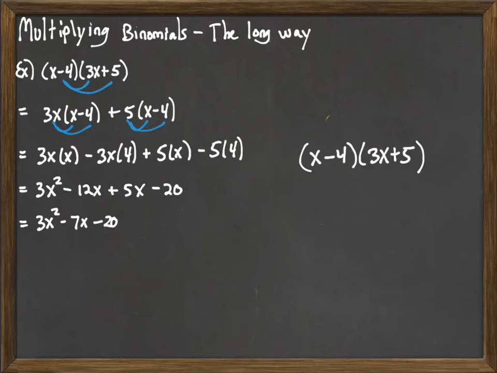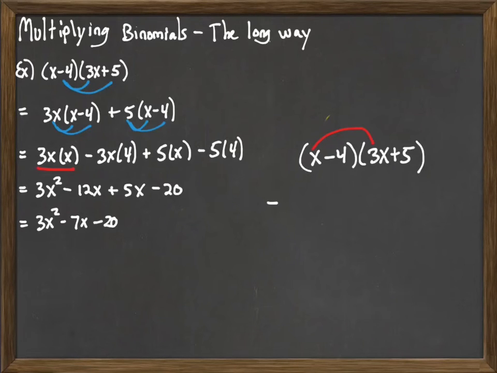So x minus 4 times 3x. And at this point, I'm going to focus on this step right here, where I have each of my different multiplications. I want to look at where those came from. So the first thing I see there is I have a 3x times x. Well, notice that came from taking the x and the 3x and just multiplying them. Okay.